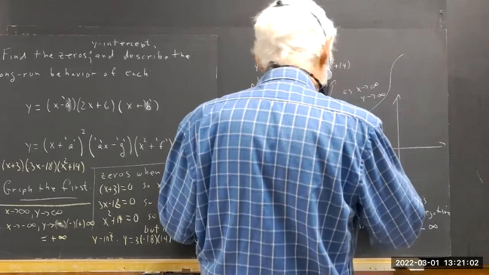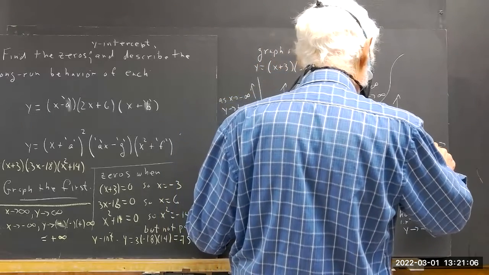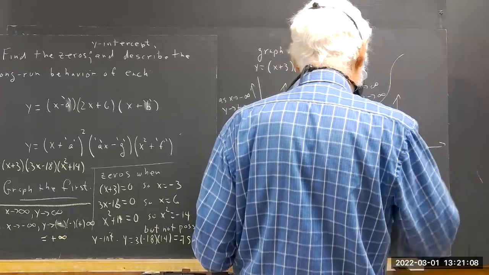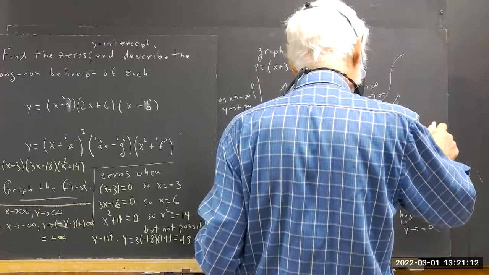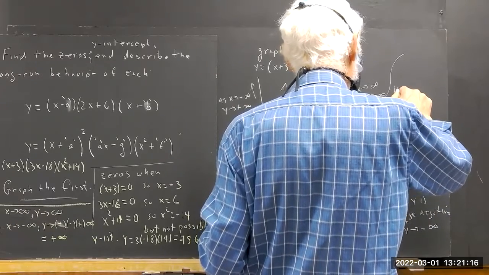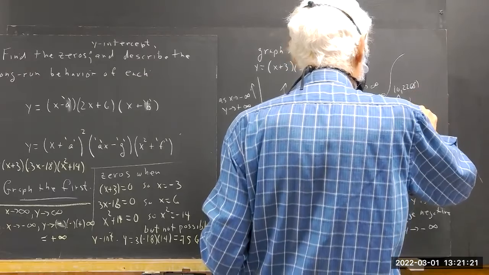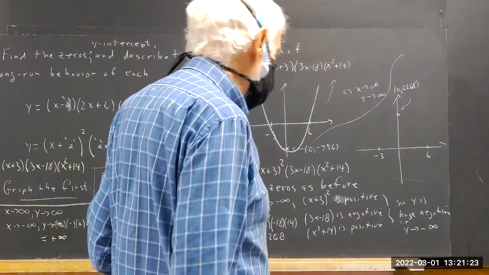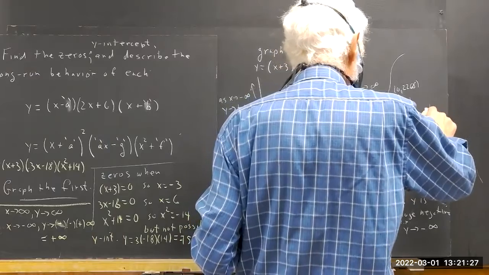Okay, so now we have a 0 at negative 3 and a 0 at plus 6. And the y-intercept up here, 0, 2268. Got to go down here, and it's got to go up here.